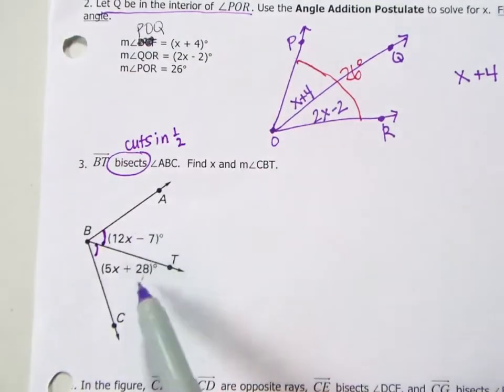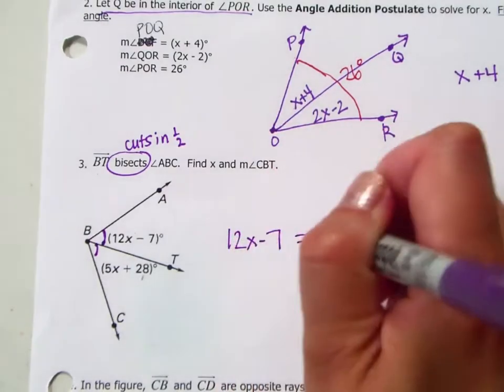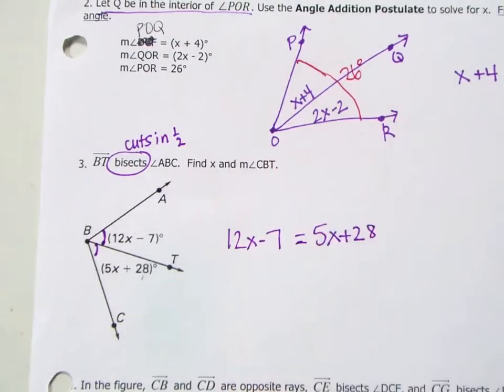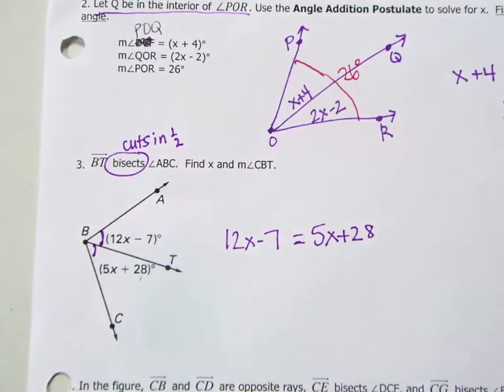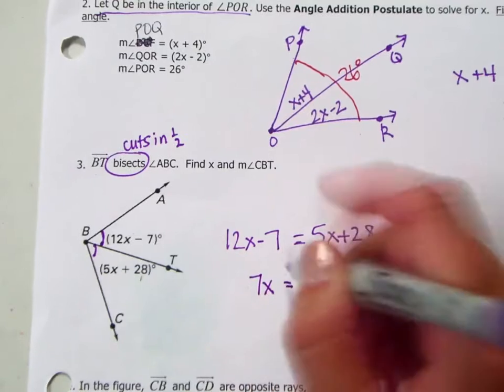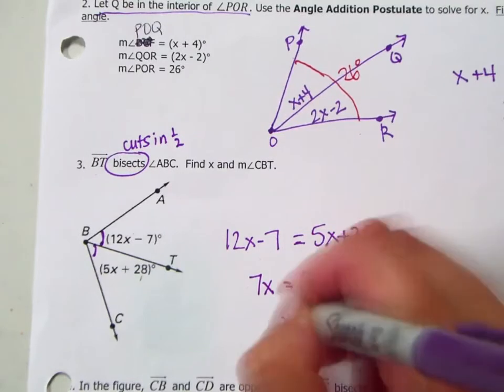If the parts are congruent, then the measures are equal. So to first find the value of x, we'll set those expressions equal and solve just an algebra problem from here. So the value of x is 5.